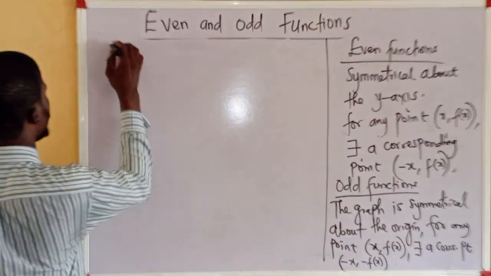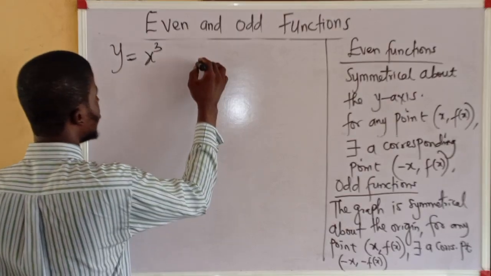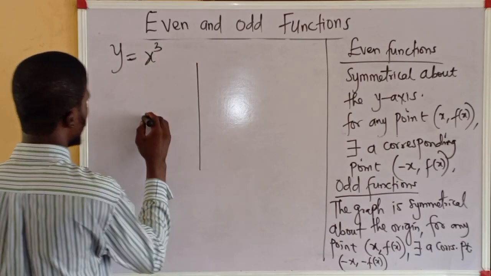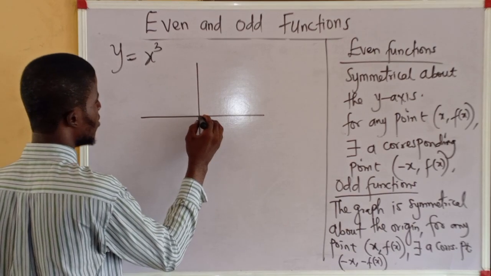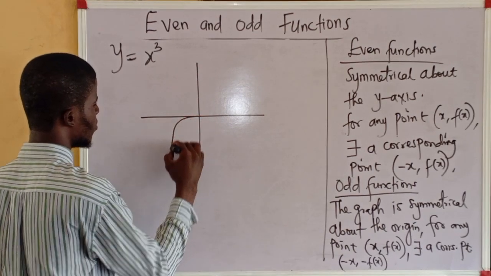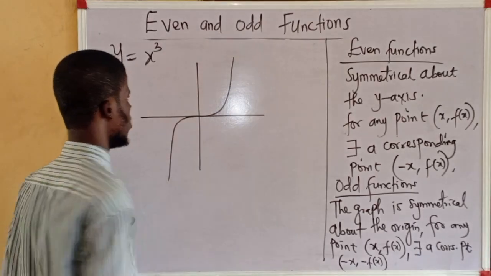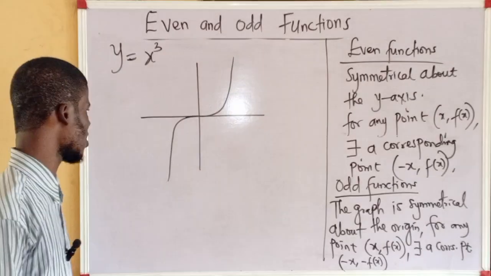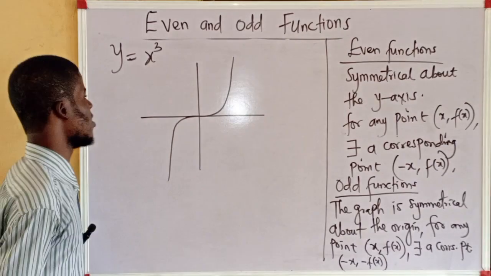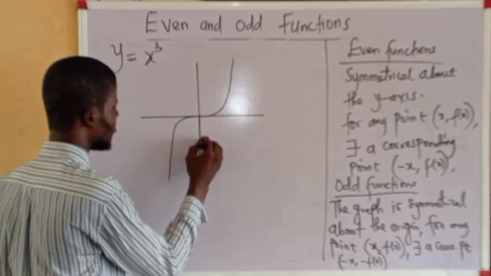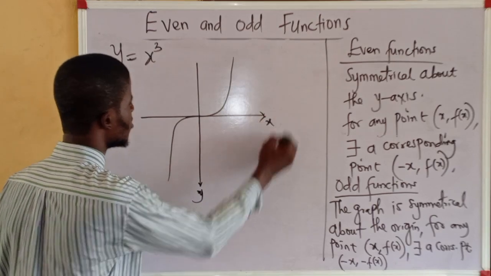This is the graph of y equal to x cubed, a sketch actually. Remember we said that x cubed is an odd function. Let's just assume it looks perfect. On this graph, this is the y-axis and this is the x-axis.